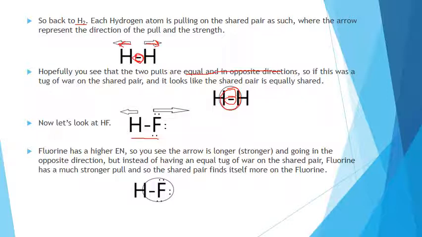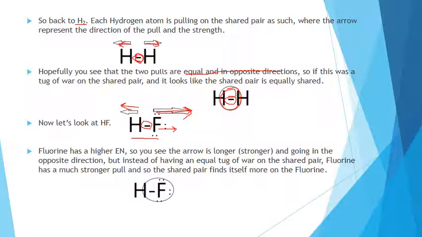And so when you connect it with the hydrogen, hydrogen has its pull on the shared pair, but fluorine has a lot stronger pull. Now it's in the directly opposite direction, but it's a lot stronger. So overall, the electrons are going to be pulled towards the fluorine.